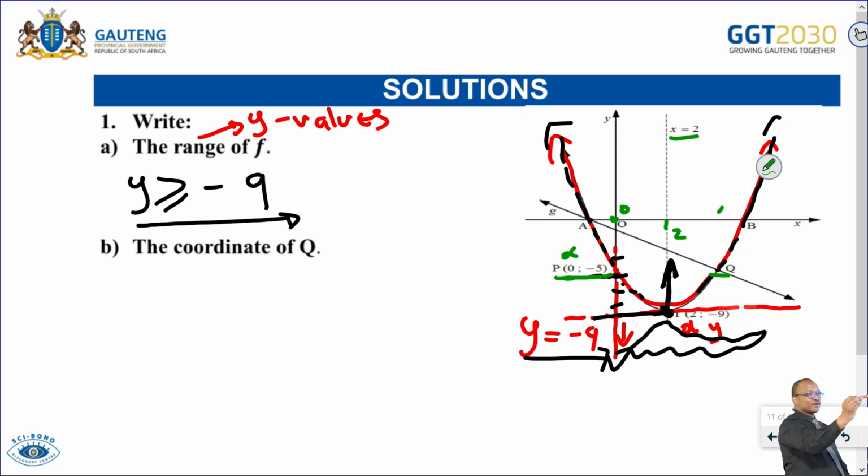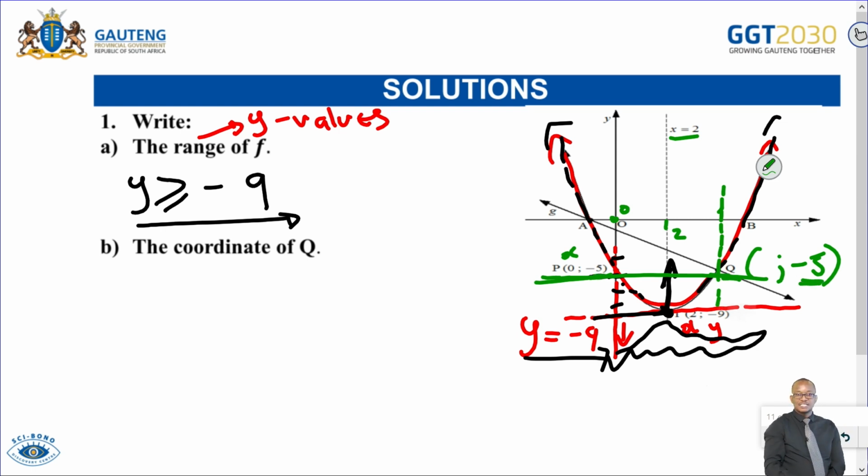And we also have the x value of Q, which is unknown. But how are we going to get the x value of Q? We can tell that the y value of Q is going to be -5. It's reflecting, isn't it? So point P and point Q both share the y value, which is -5. The only difference is the x values.